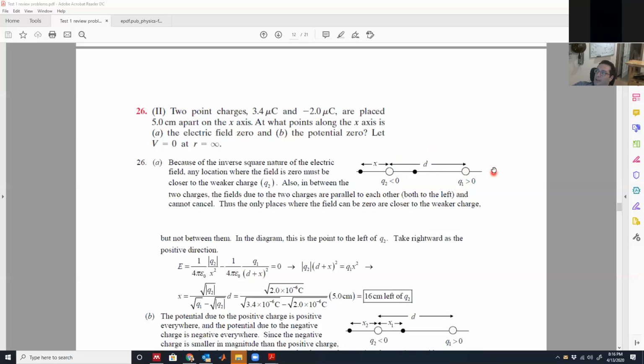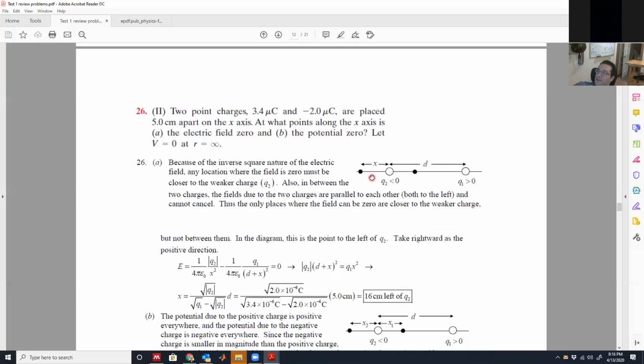So it'll work outside on this side, and it will also work on the outside on the other side as well, because here it's going to be attracted to this side and repelled from point 1, right? So there could be a zero field on both sides of this, right?